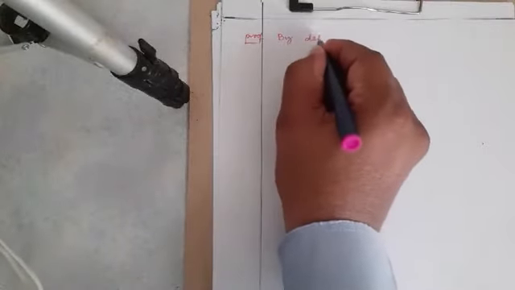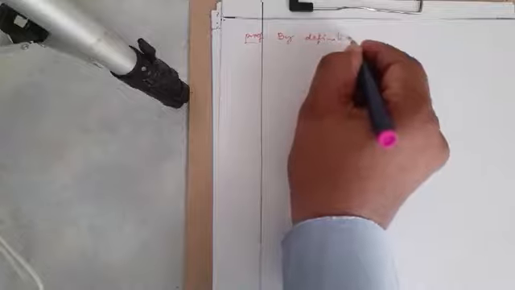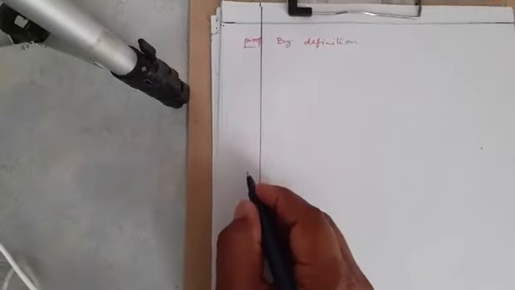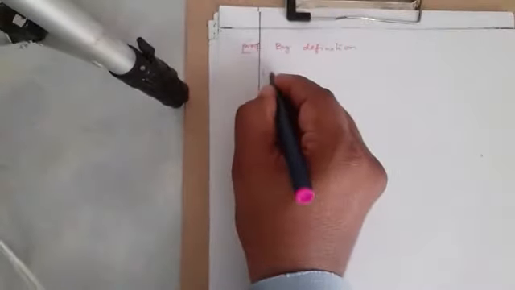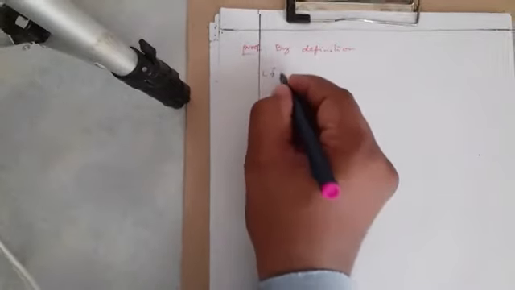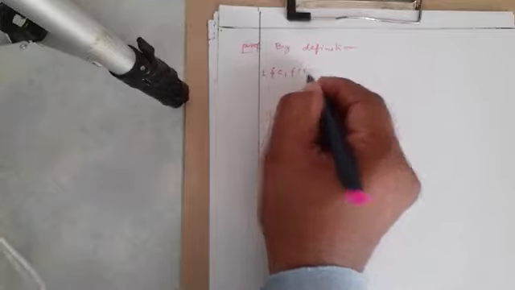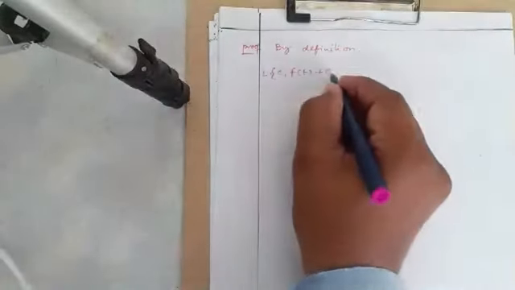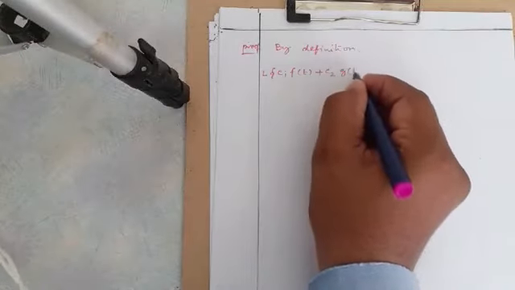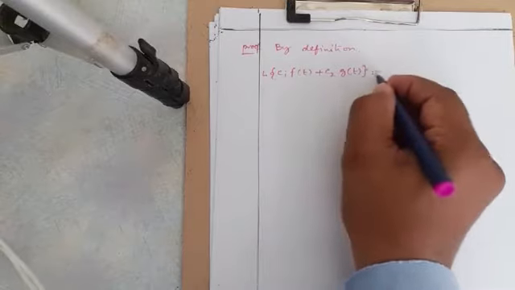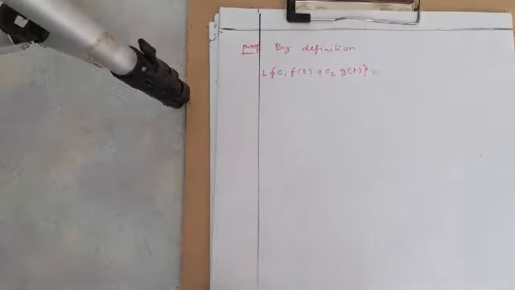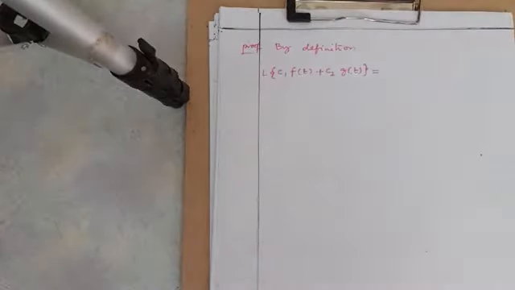So by definition, what is given and what we have to prove: Laplace of c1 f of t plus c2 g of t is equal to, now you know the definition, L of f of t is equal to integral 0 to infinity e power minus st f of t dt.